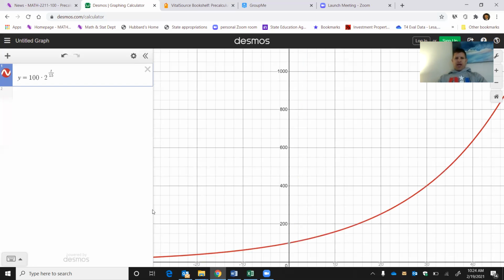Well, let's look and see what happens with this model. You start with 100. What happens at 15? Well, at 15, can you see we're exactly at 200? Why is that? Because when t is 15, you have 15 fifteenths. That's 1. 2 to the 1 is doubling.